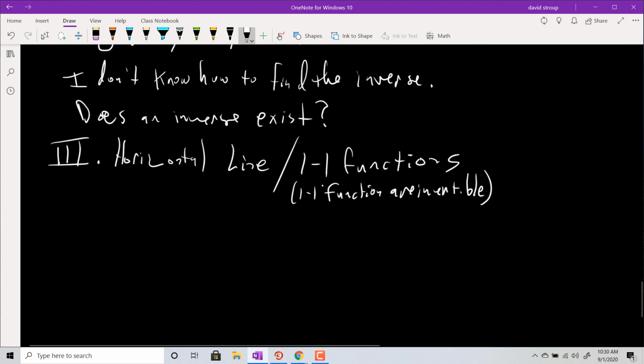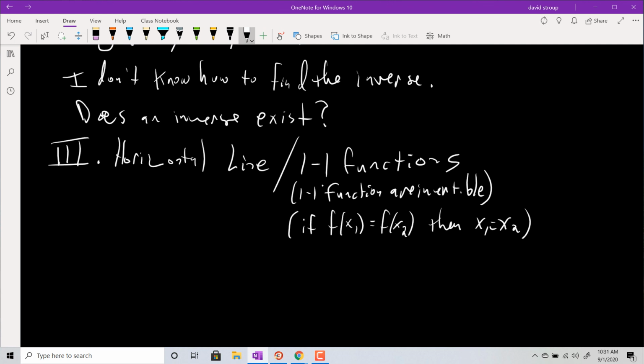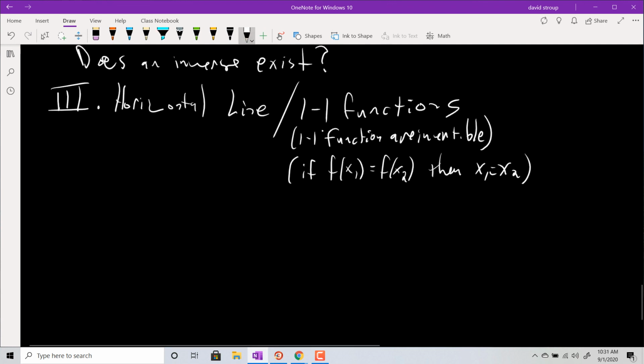Basically, algebraically, if you find that two y values are the same, so if f of x1 equals f of x2, then it must be the case that x1 is equal to x2. Okay? If you remember the arrow diagrams we had way back in the beginning when we were talking about relations.